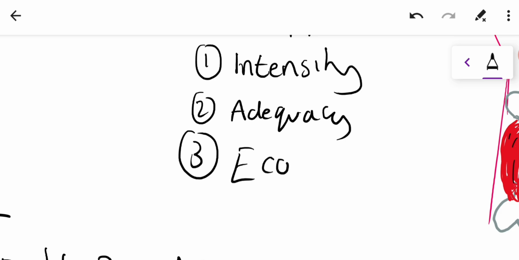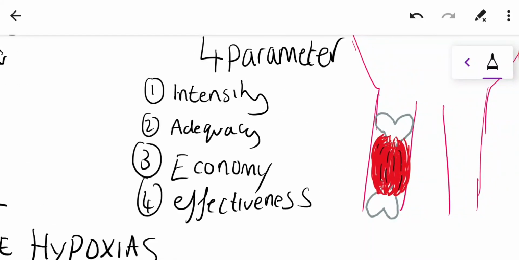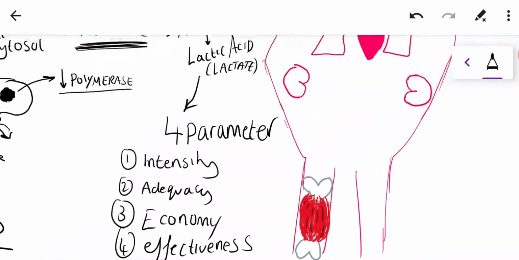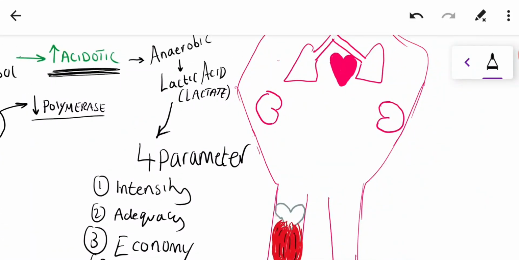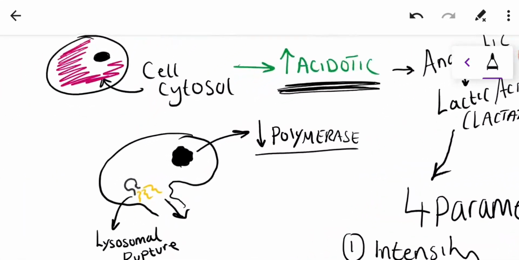Okay, economy and effectiveness. And this lactic acid buildup goes into adequacy. I'm not going to go into it, but that's that.